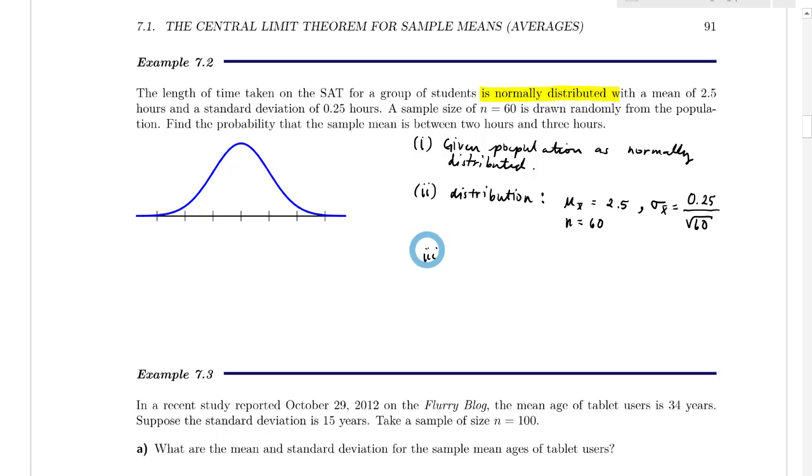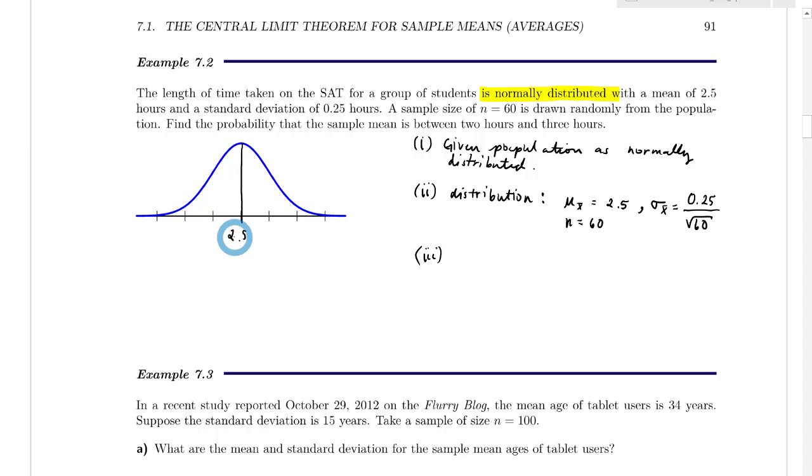And the third part is maybe just writing down what we're looking for and drawing the figure.